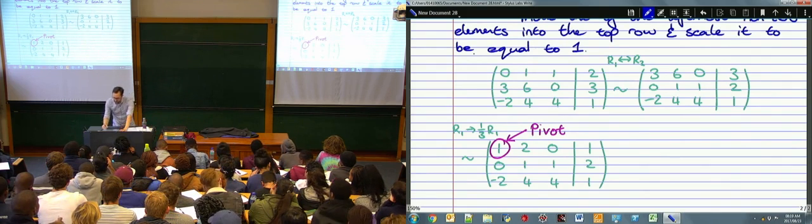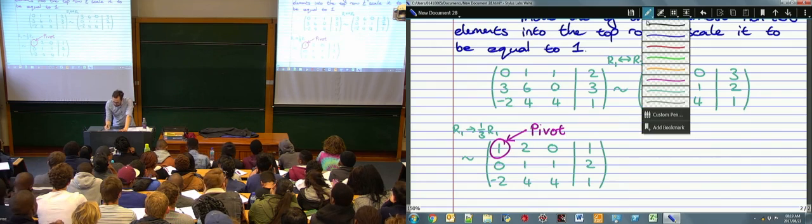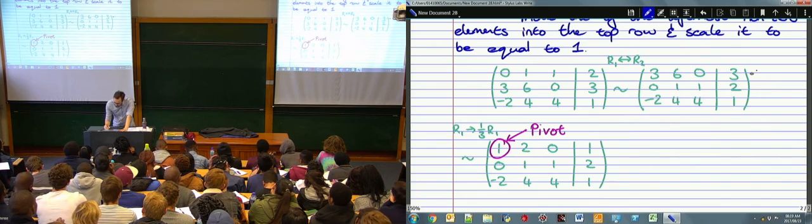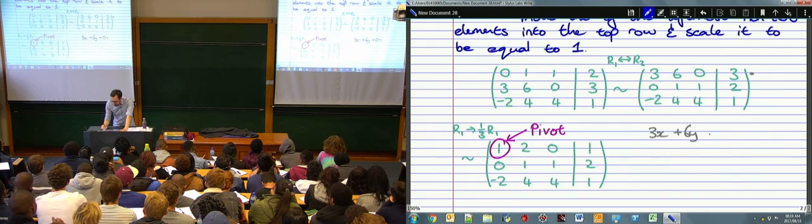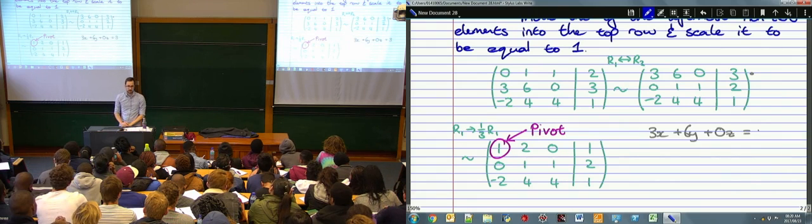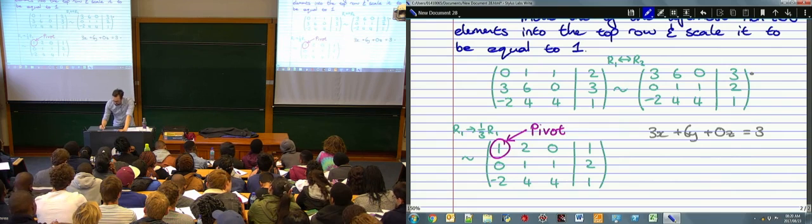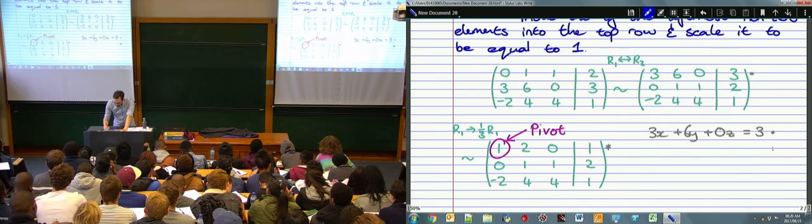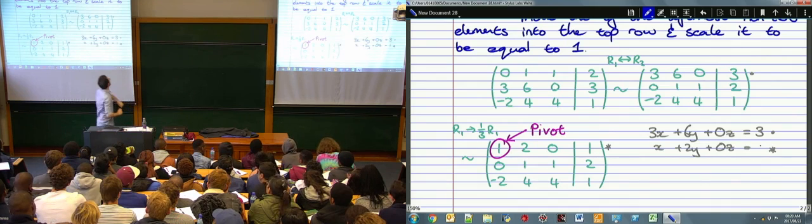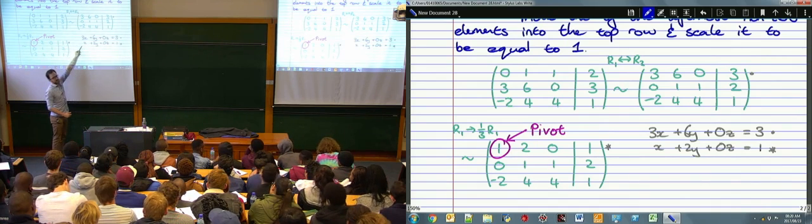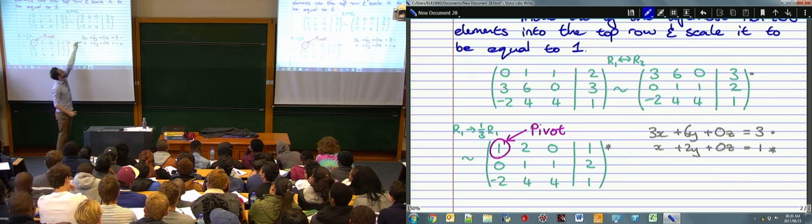If we wrote down just that line, that would be 3x plus 6y plus 0z is equal to 3. And this one just says x plus 2y plus 0z is equal to 1. The difference between these two equations is just that you've divided one of them by 3.